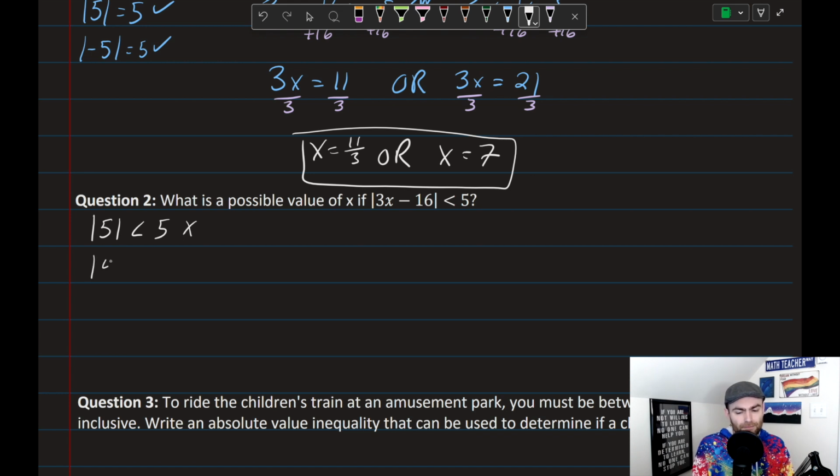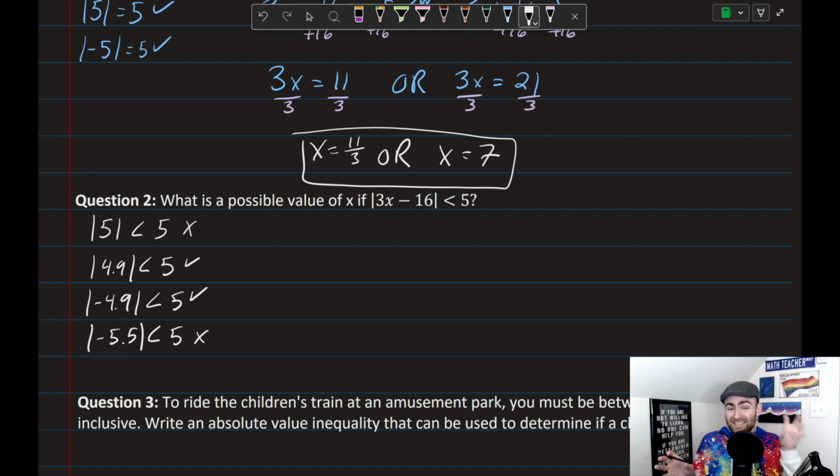But the absolute value of 4.9 is less than 5. That's okay. And the absolute value of negative 4.9 is less than 5. That's okay. But the absolute value of negative 5.5 would be 5.5. That is not less than 5. That does not work.